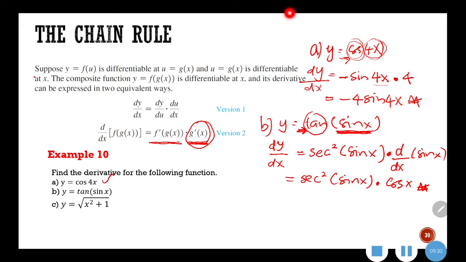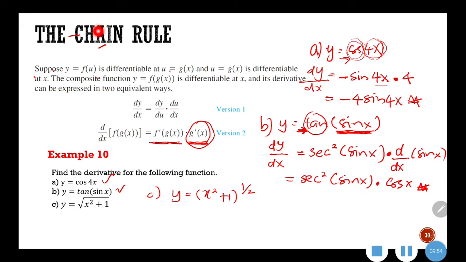Alright. And then for C, ni y equals to square root of x square plus 1. So, kat sini nak nampak dia lagi jelas, square root tu maksudnya apa? X square plus 1 kuasa 1/2.